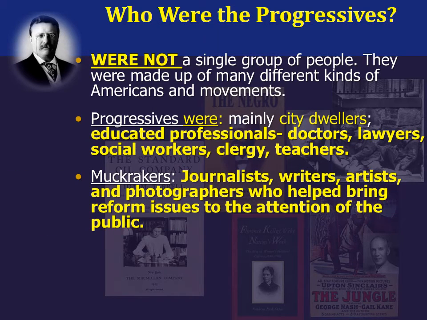And then, as discussed before, you have the muckrakers. As media becomes bigger and bigger, with the advent later of radio and TV, the literary magazines, newspapers, and various types of journals are going to play a huge role in getting the progressive message out there.